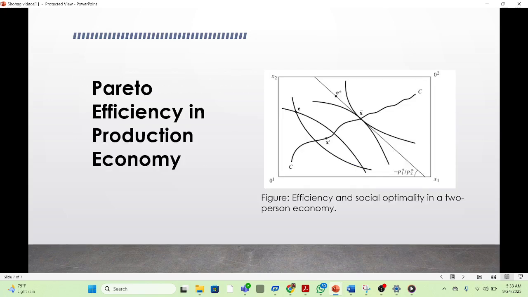Now we can discuss the graphical presentation of Pareto efficiency in a production economy.